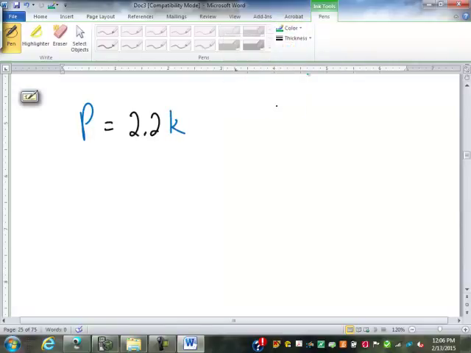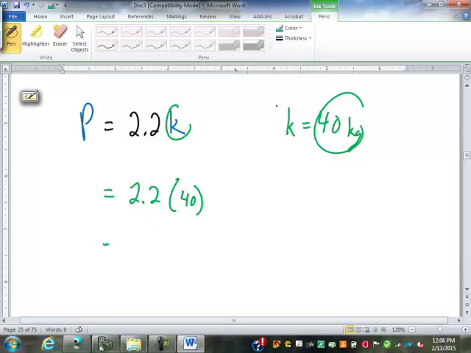It's definitely a Friday. So you have a patient who comes in who has a mass of 40 kilograms, and you want to figure out what that would be in pounds. So you're going to plug in 40 for K. Well, 2.2 times 40 is 88. So that patient weighs 88 pounds.